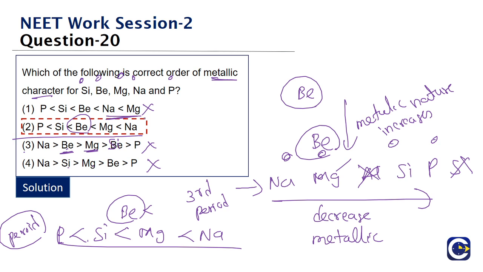But here we are able to give an answer by merging both the trend analysis, because if you look at other options, they are not satisfying the trends that we see either across a period or across a group, okay. So that is the reason why we are omitting those options, and option 2 is the one that is matching both the trends, the trend in terms of a group and trend in terms of a period, okay. So the correct answer is what?